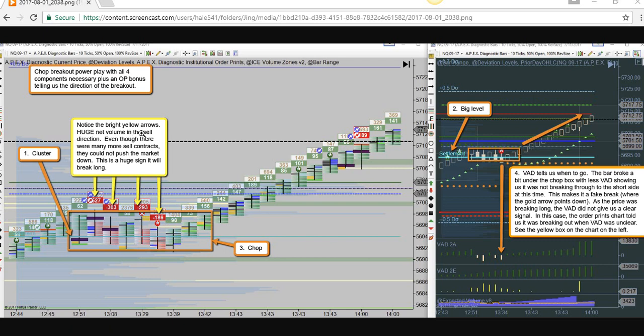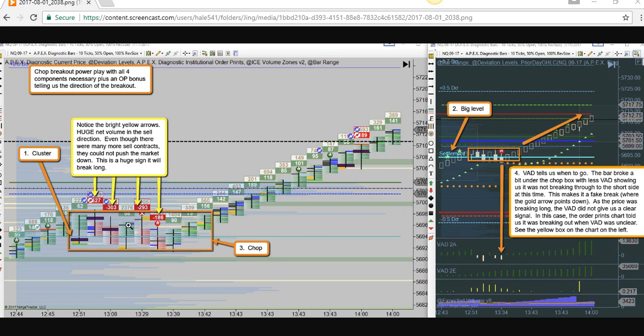There was huge net volume in the sell direction. Then look at this up close bar, only had 58 compared to 627, 303, 58. Then look what comes in, push down hard, 293, another push down hard, 186. Do you see this?